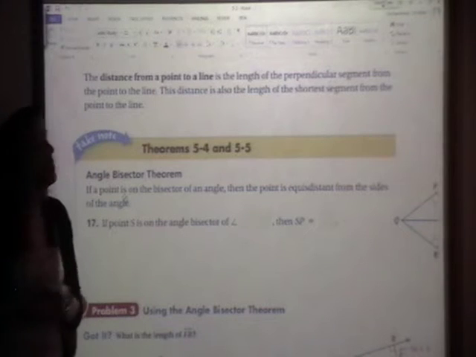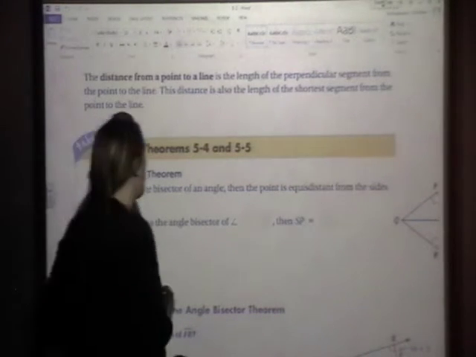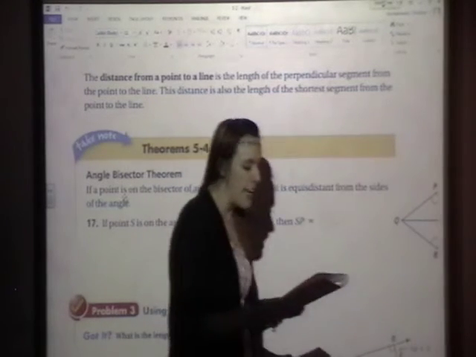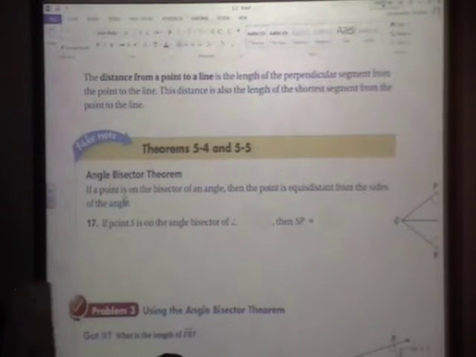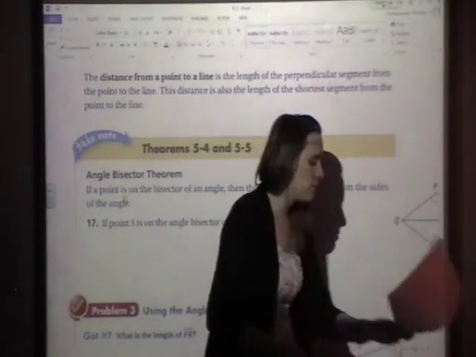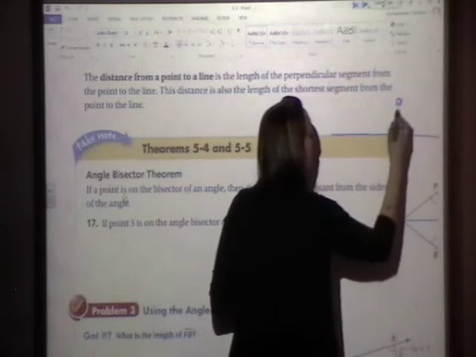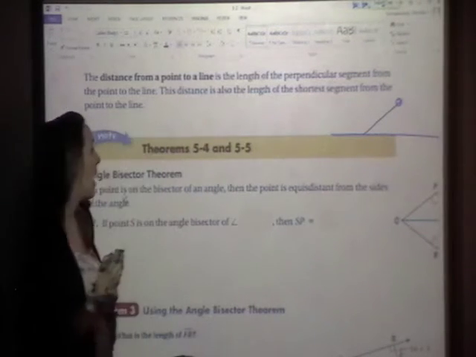Next thing we have to talk about is our angle bisectors. It says the distance from a point to a line is the length of the perpendicular segment. Here's our point, here's our line.